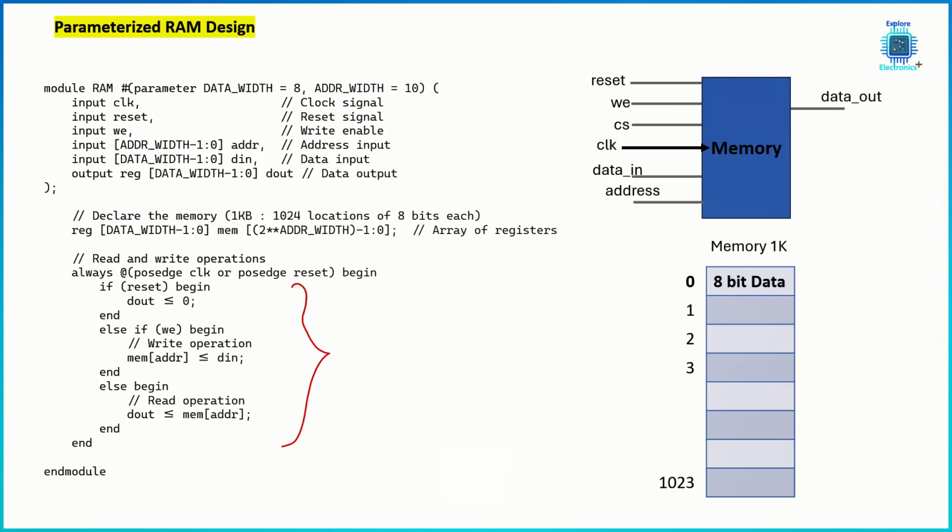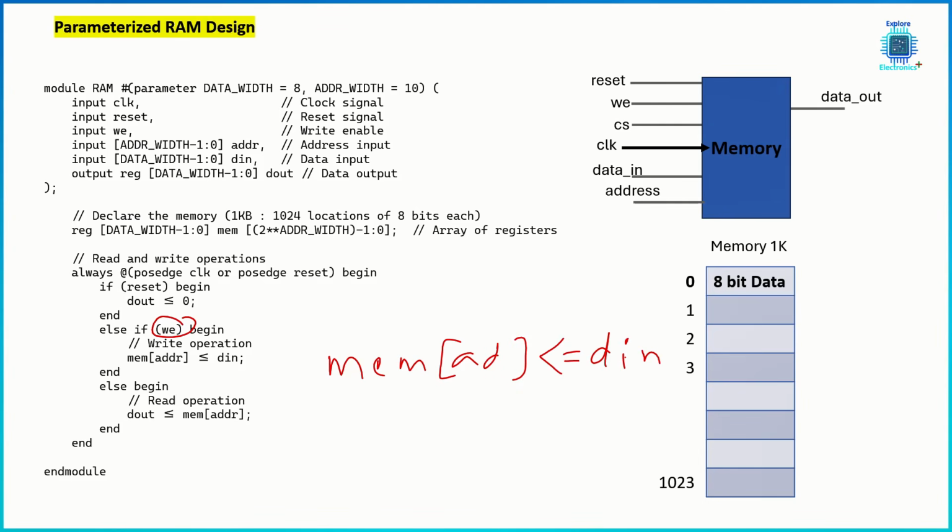You can see always at positive edge of the clock or positive edge of the reset. When reset is there, D out will be equal to 0. Else, we need to check whether write enable is 1 or not. If the write enable is 1, we will do the write operation by writing memory of that particular address equal to the data in we are going to get.